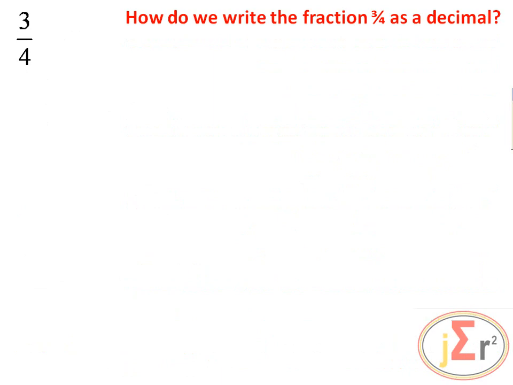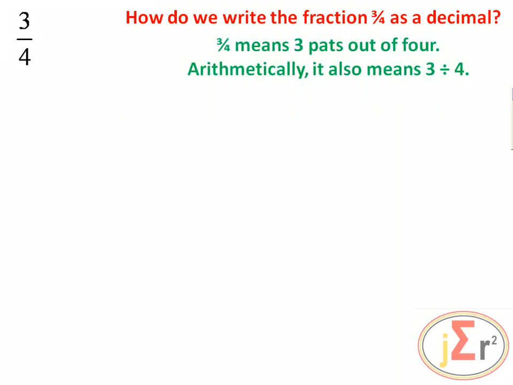How do we write the fraction 3/4 as a decimal? What we are doing on this occasion is proving that when we multiply both numerator and denominator of the same fraction by the same number, it does not change the value of the fraction.